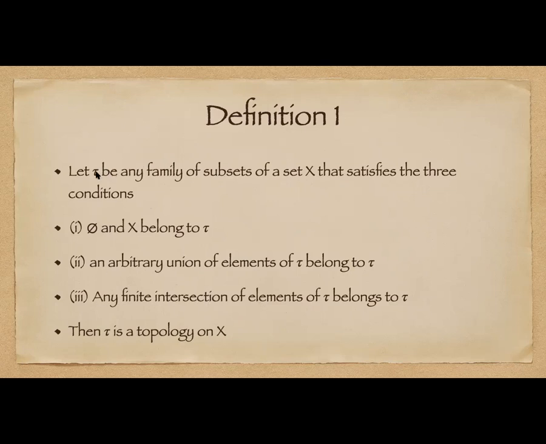And if this collection tau of subsets of X satisfies these 3 criteria, then we say that tau is a topology on X. So the stuff which we were visualizing for a manifold, when it's implemented logically on an abstract set, it is these 3 axioms which ensure that those visual concepts are realizable in this abstract set.